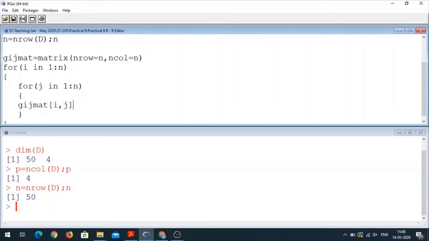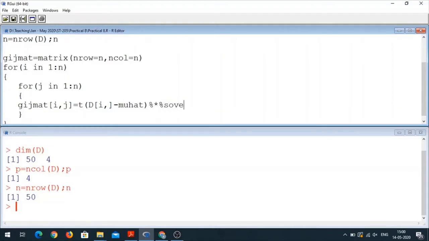ijth entry as the ith observation, so ith row, di, minus the mean vector. Let me denote it by mu hat. We have not yet computed it, so we'll compute it. Di minus mu hat, percent star percent, I should take the transpose of this, then sigma inverse.